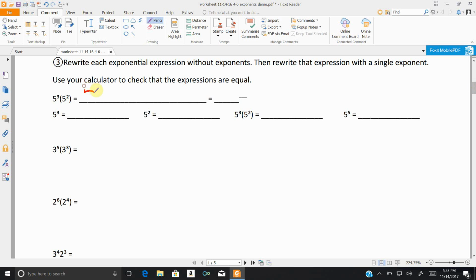It means 5 times 5 times 5. And then we multiply that by 5 squared, which means 5 times 5. And that gives us 5 fives that are multiplied together. We can rewrite that as 5 to the 5th power.